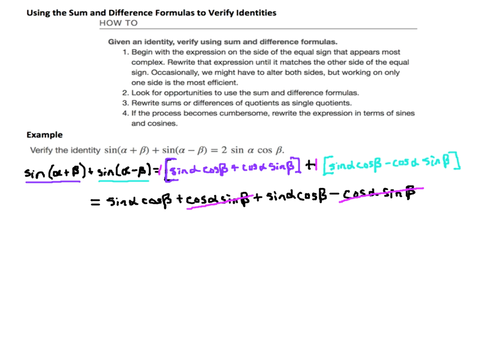They make 0 when combined. And what I'm left with are like terms. I have a sine alpha cosine beta, understood 1 of those, and understood 1 sine alpha cosine beta. So I end up with 2 sine alpha cosine beta, which is exactly what we wanted to show. Verified. Yay. Let's move forward unless you have a question.